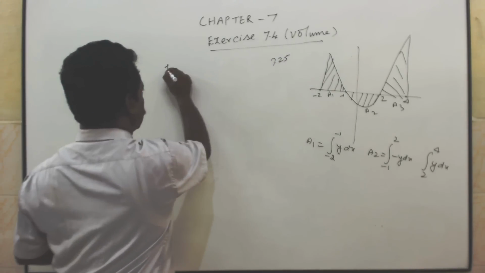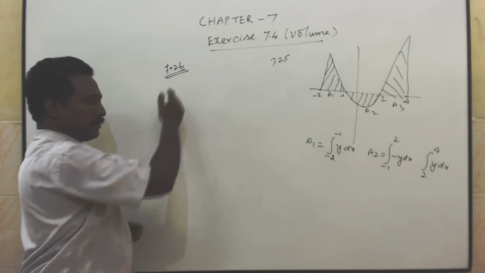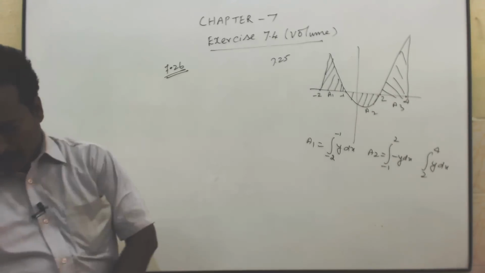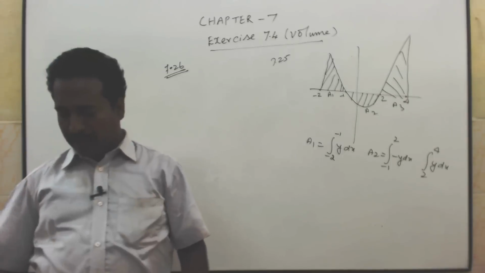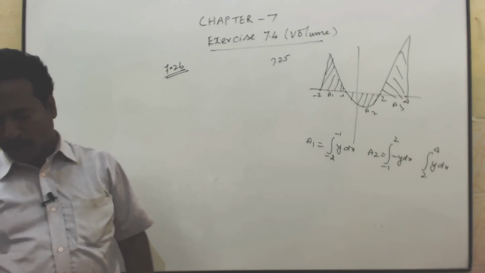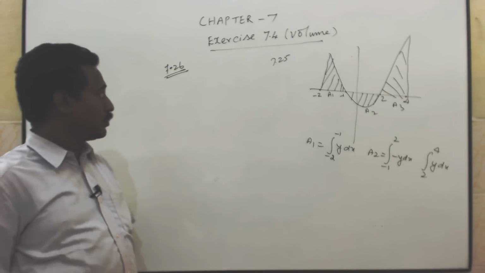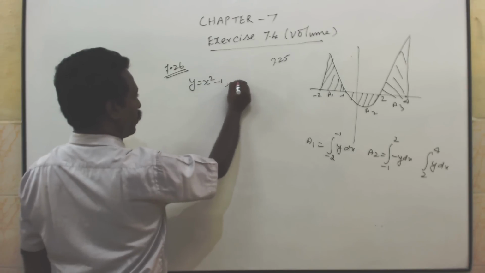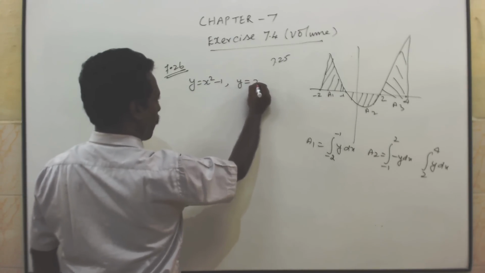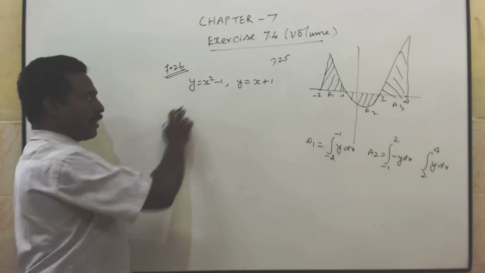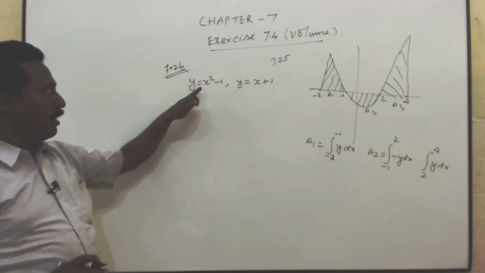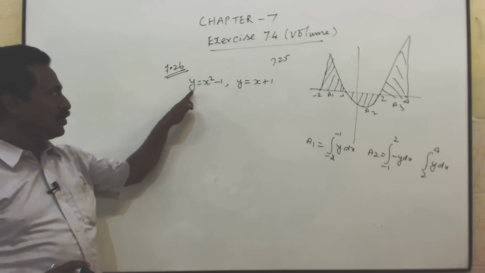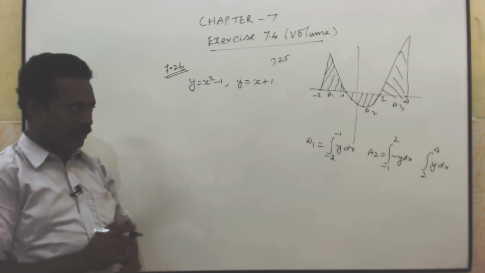Then 7.26. What is 7.26? Find the area between the line y equal to x plus 1 and y equal to x square minus 1. So, it is an upward parabola. y equal to x square minus 1 means when we put x equal to 0, y equal to minus 1.